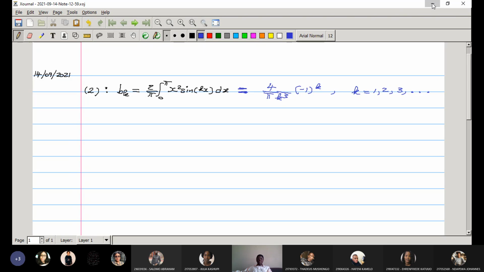The computation is just integration. There's nothing else. There's nothing magical. You write the formula, you look at the information about the function, and then try to understand which formula to use.